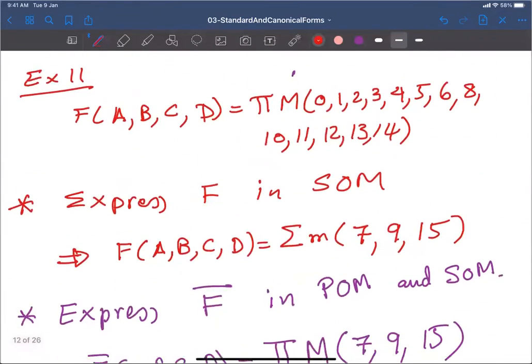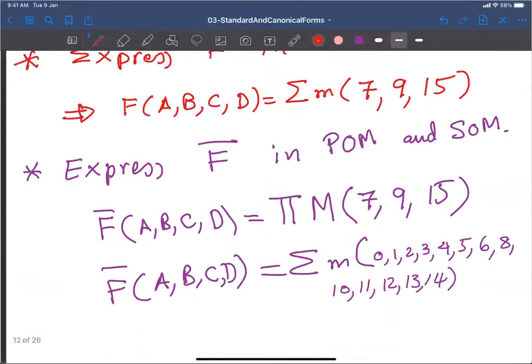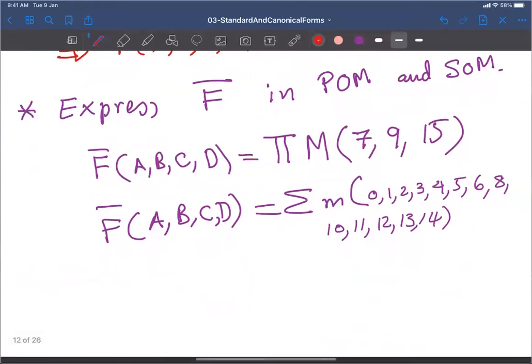And also we discussed how to get F complement. If you are given F in one of the forms, how to get F complement in the two other forms, okay? So please go and study this by solving exam questions, okay?